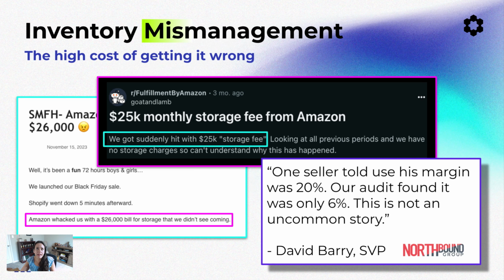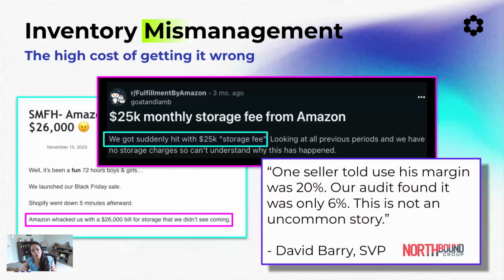And we saw that in November, right? We saw a lot of people posting that they had $25,000 or $26,000 in storage fees taken by Amazon. A lot of people were saying they were shocked by these fees, but the fees are very predictable if you actually forecast for them.